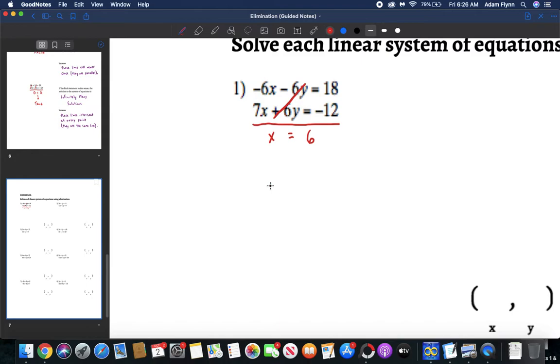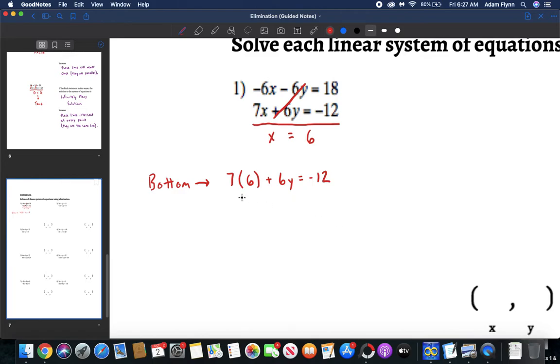So what I'm going to do now is pick either the top or bottom equation and replace my x with 6. Okay, so how about we do the bottom equation? So I'll do that right over here. So if I do the bottom equation, I've got 7, but instead of x, I've got 6, plus 6y equals negative 12.